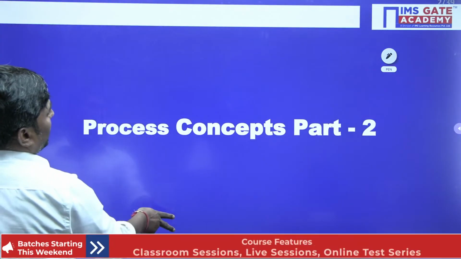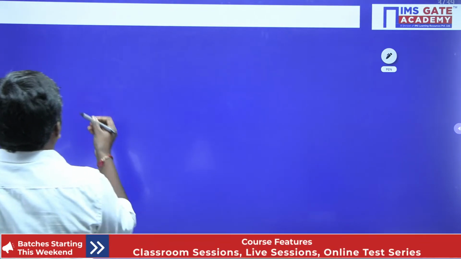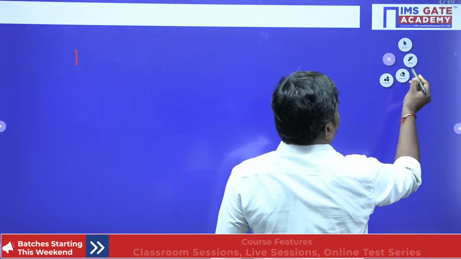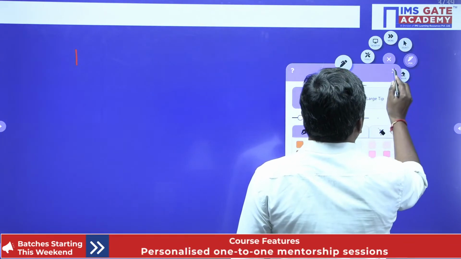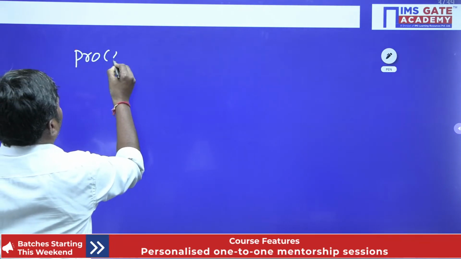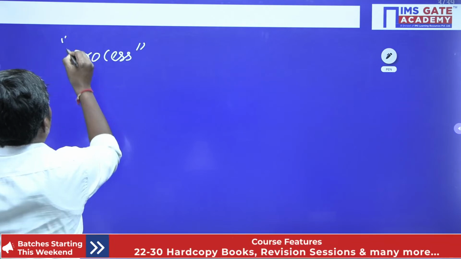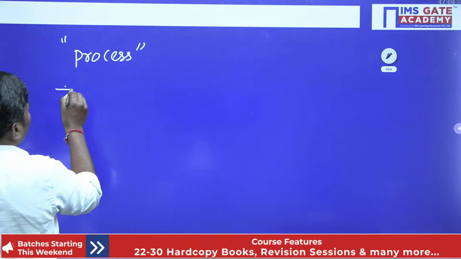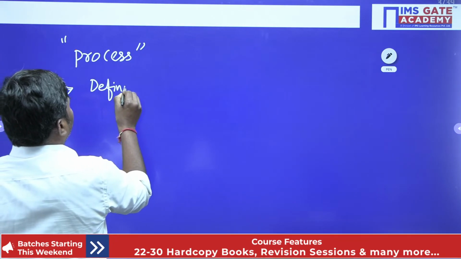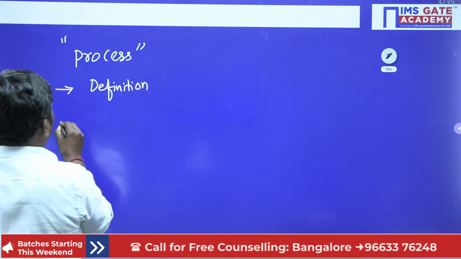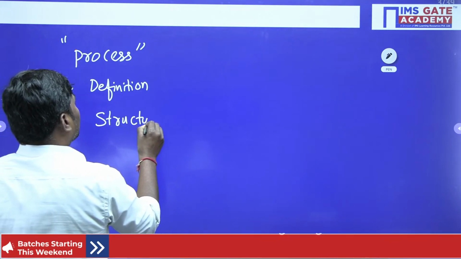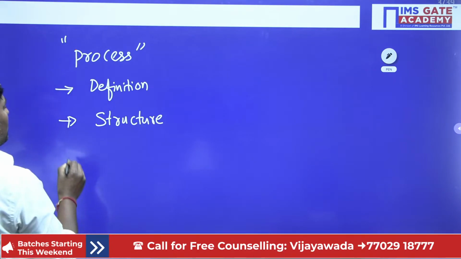Let me recall the things we discussed in the last class. Can you recall what is a process? We observed the definitions clearly, followed by the structure of the process, that is, the image, implementation or representation of the process.